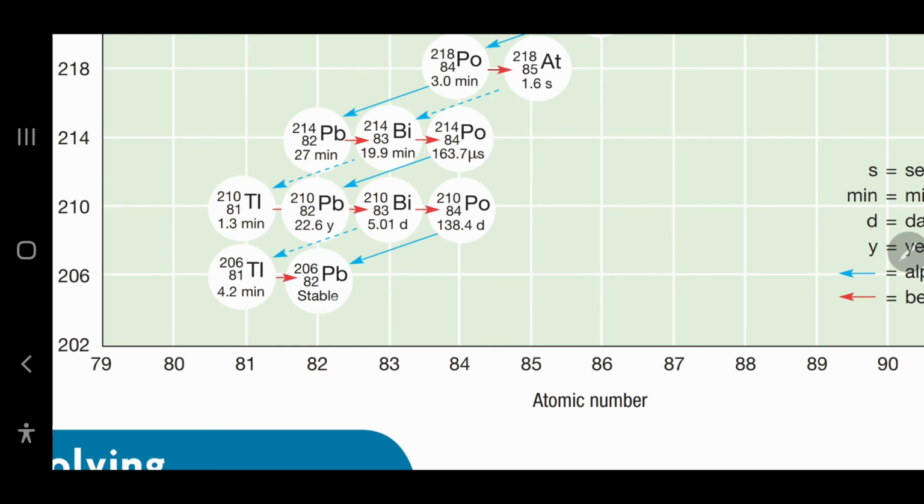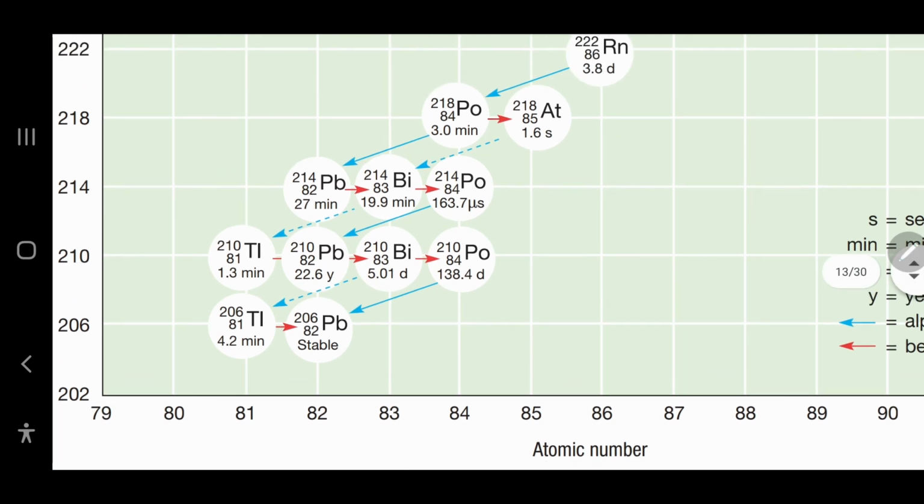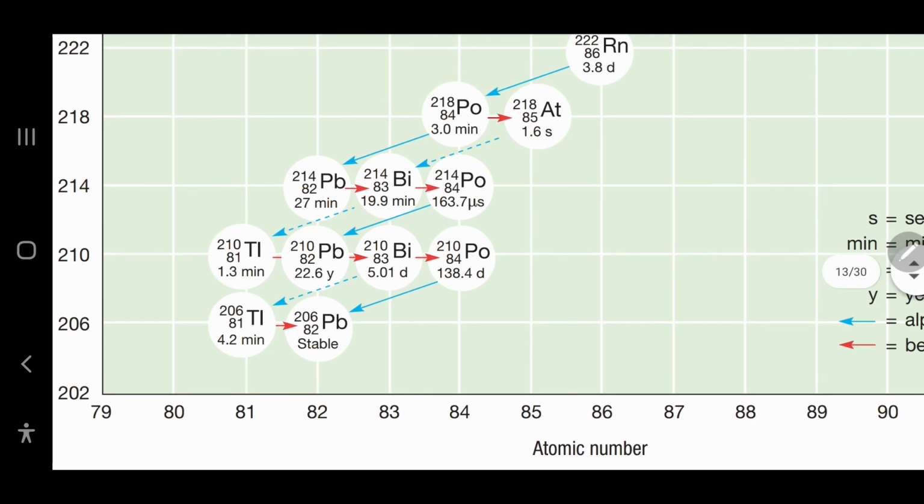Now, sometimes we could have a possible transmutation with the dotted arrows like you see here. This means that possibly the atom here will be converted to another atom. So we are talking about possibilities.